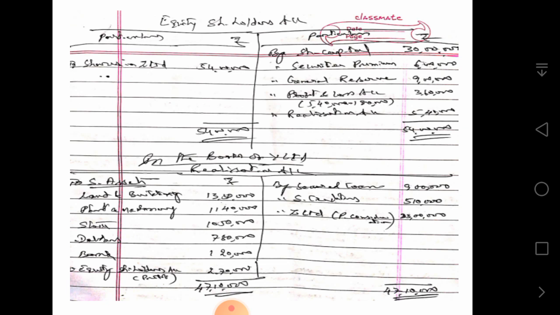Plant and machinery 11,40,000, stock 10,50,000, debtors 7,80,000, then secured loan 9 lakh rupees, then sundry creditors 5,10,000, okay, and purchase consideration payable to them is calculated here, it is 33 lakhs. So total 47,10,000. Here the difference between debit and total credit is 2,70,000, that is a profit, goes to equity shareholders 2,70,000. So equity shareholders account.